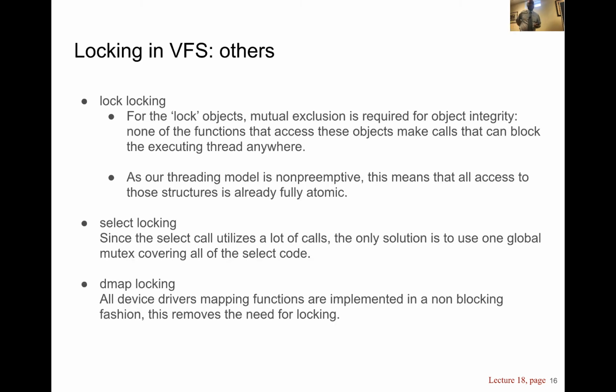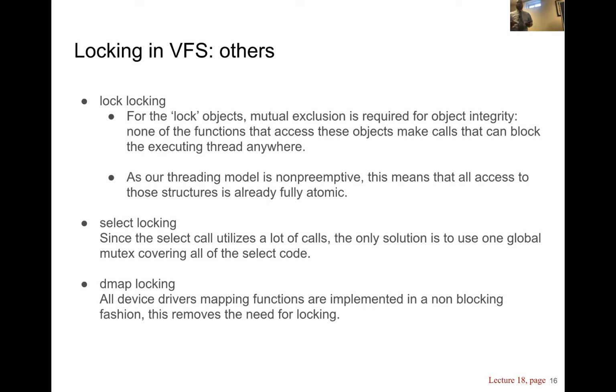Okay. And there are several other concepts, data structures. There is essentially the lock data structure itself, and here you need mutual exclusion for grabbing the lock, because you need a lock on a lock essentially to implement the lock functionality. So we assume here that our threading model is non-preemptive, which means all accesses to the structures are automatically atomic.